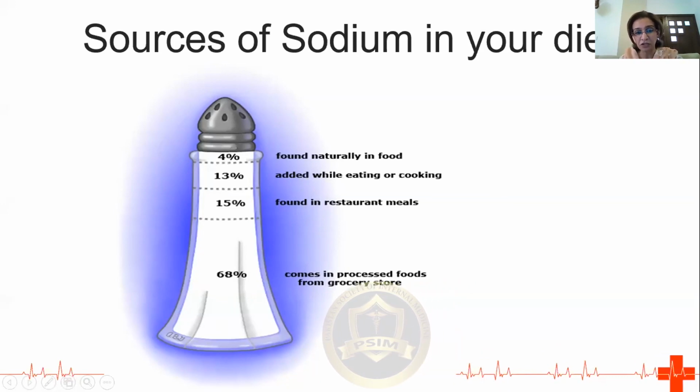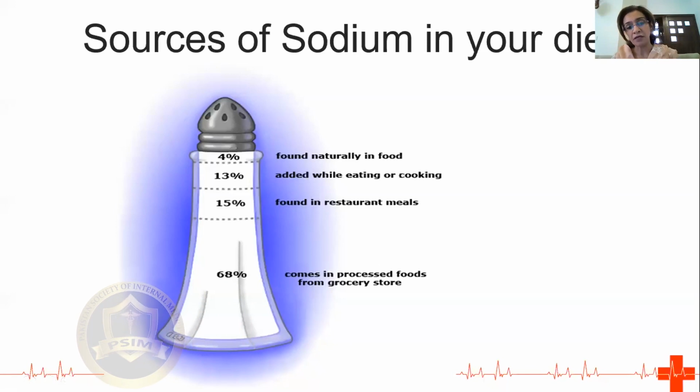So just imagine what would happen if we were to take this 17% and exclude that from restaurant meals and processed foods. People from Pakistan as well as from the US generally take double the amount that is recommended.